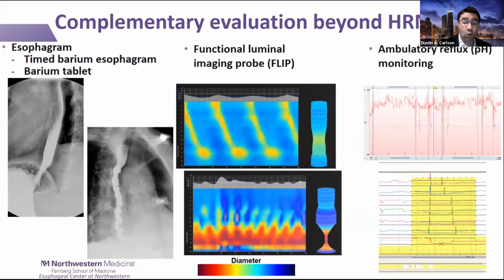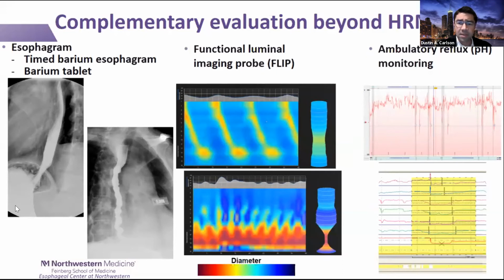This may first involve incorporating even patient symptoms and the thorough endoscopic exam, but additional tests such as timed barium esophagram, the functional luminal imaging probe or FLIP, or ambulatory reflux monitoring all may serve a role to help identify specific disease states related to esophageal symptoms.